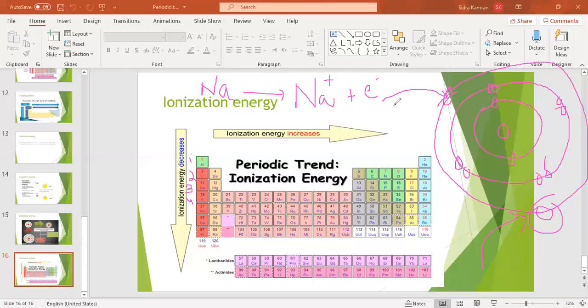For this ionization, sodium needs 496 kilojoules per mole of energy. This amount of ionization energy is required to make a sodium atom an ion by the removal of an electron. This is all about ionization energy. I hope you get the whole concept.